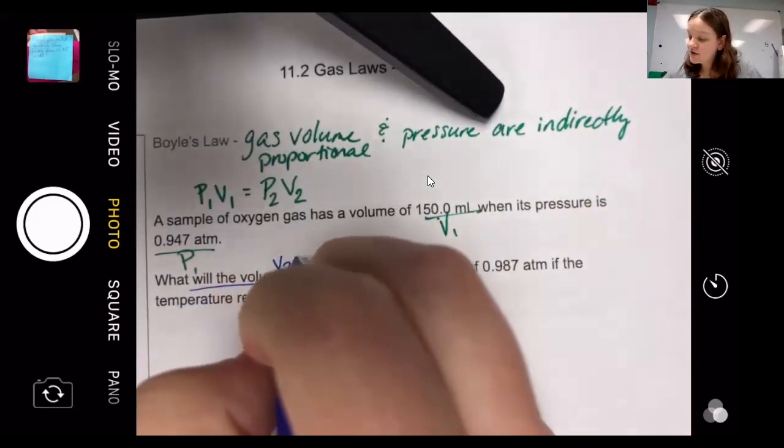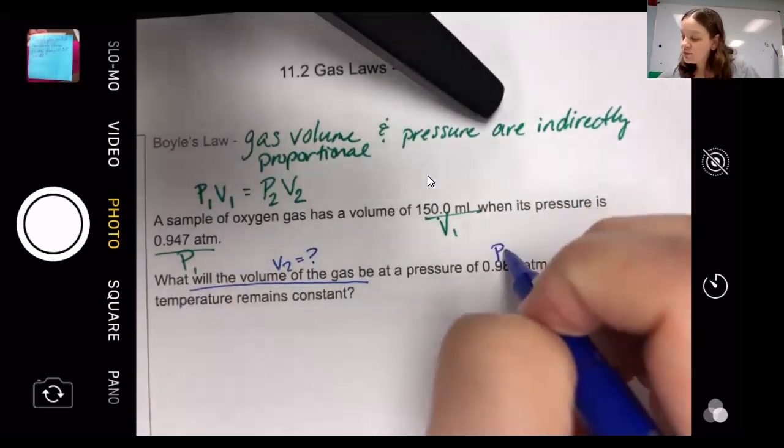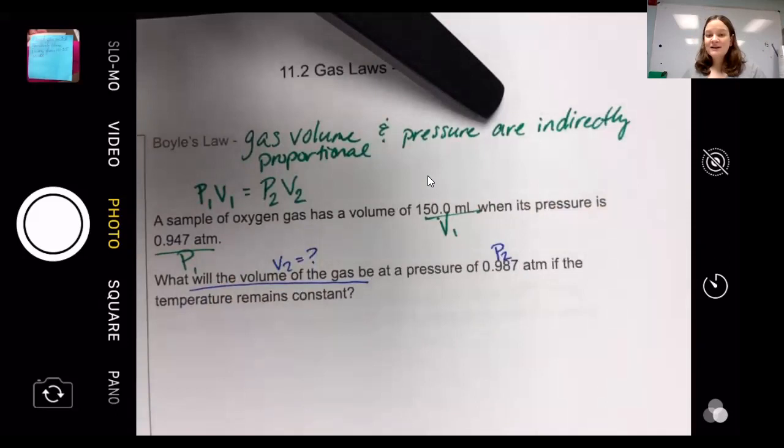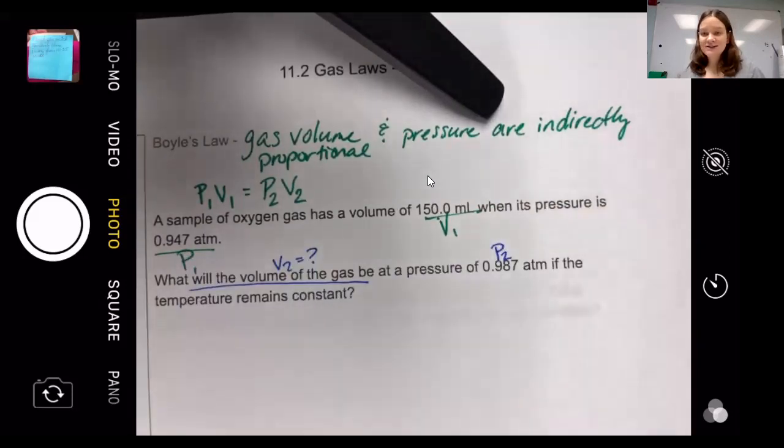So that's going to be V2, a big old question mark, if the pressure P2 is 0.987 atmospheres. So I don't change my pressure very much. Let's see what that does to the volume. It is important that we note that the temperature is constant here. Boyle's law only describes a constant temperature.